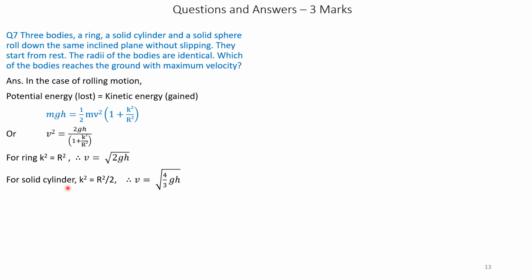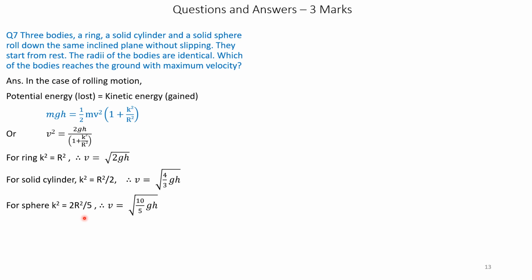For the solid cylinder, k square is equal to r square by 2, therefore v is equal to square root of 4 by 3 gh. If you put k square as r square by 2, r square gets cancelled, so it becomes 4 by 3 gh, that is v is equal to square root of 4 by 3 gh.